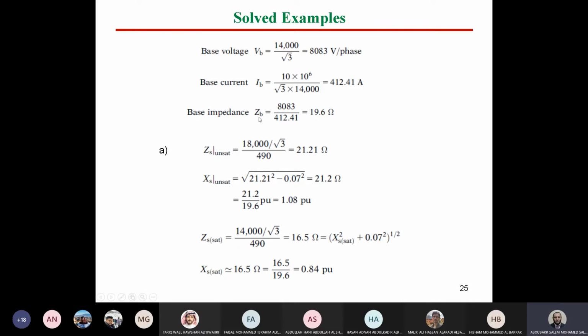This is the total impedance. Sorry, this is the base X here, 21.21 ohms. This is the impedance, and when you calculate the reactance, it will be 21.2. So, comparing R with X, you will find R very, very small.